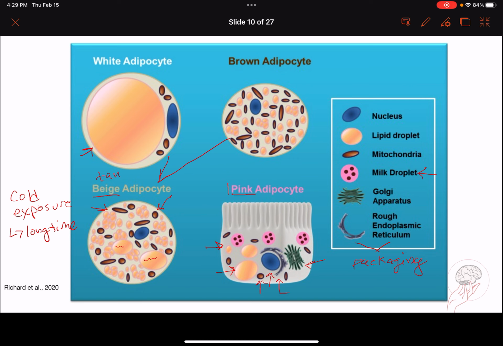So what they're packaging are milk droplets. So these mitochondria, the Golgi apparatus, the rough endoplasmic reticulum are working to put fats into milk droplets so that those milk droplets can be secreted and consumed by what I assume is a hungry baby.